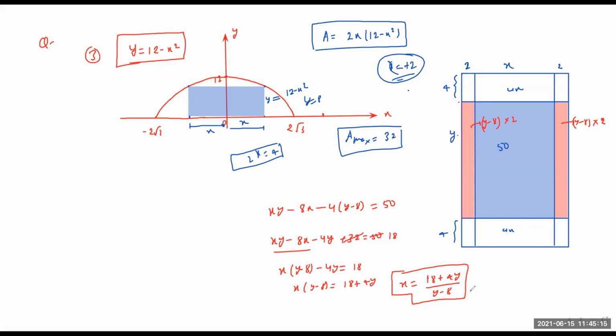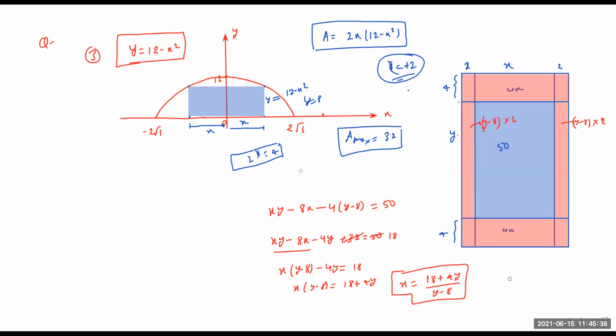What I'm saying is that after removing the margins, how much area is left? Okay, sir, I understood. So the pink is the margin which we have to remove, and blue is the printable area, and that area should be 50. Okay. So now we got the relation.